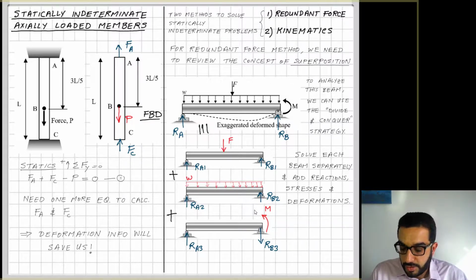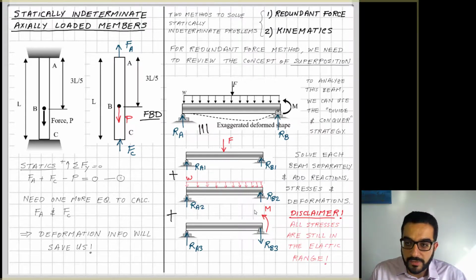But here, a disclaimer: you can only do that if all these forces result in the beam behaving only in the elastic region. If I did all of that and at the end calculated the stress and found it's beyond the proportional limit, then this whole effort is wasted and I actually have to use a completely different type of analysis.